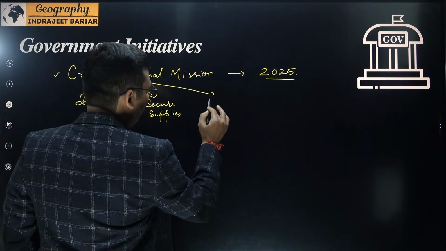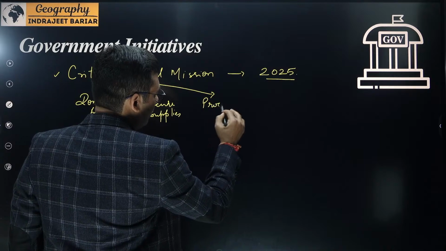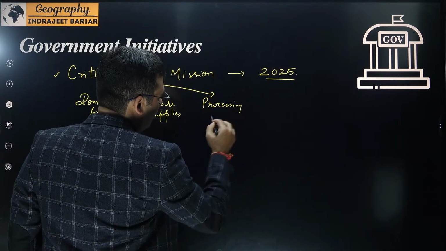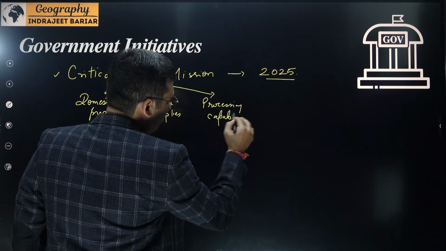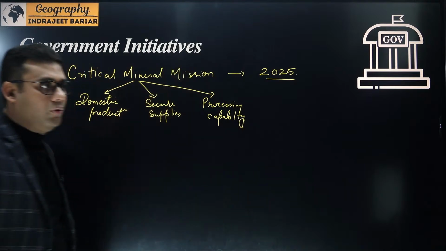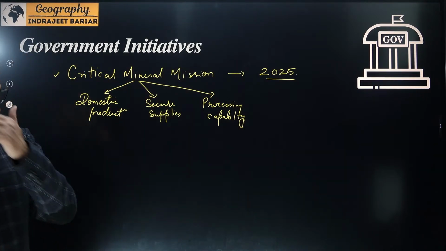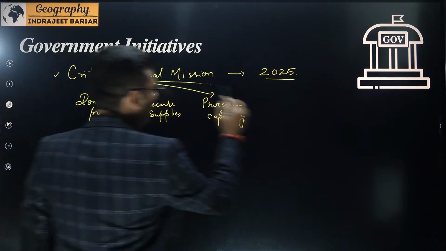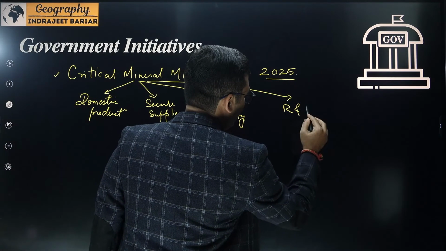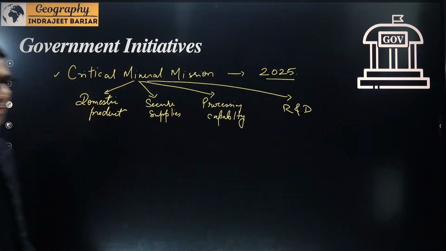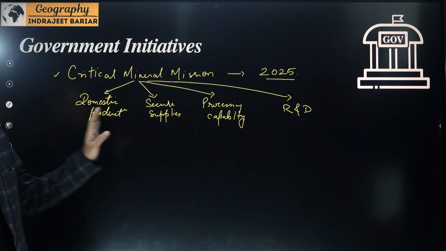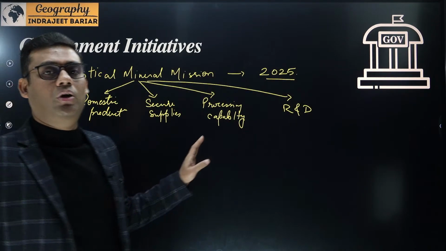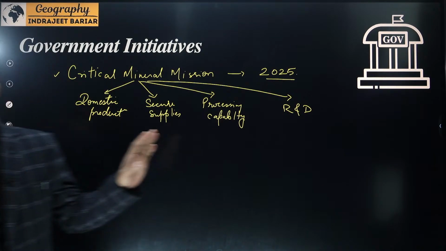Along with that, processing capabilities. Downstream processing is where we lag behind, and that needs to be developed now. So processing capability and R&D. These are the four different aspects related to the Critical Mineral Mission that is going to be launched in 2025.